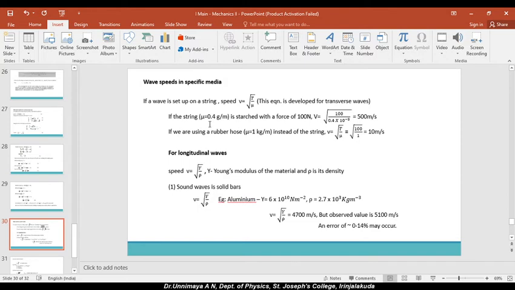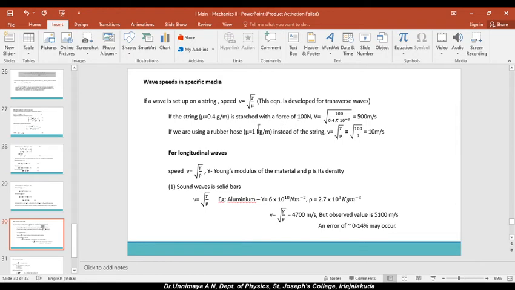Instead of this string, if we are using a rubber hose having mu equal to 1 kilogram per meter and tension T equal to 100 Newton, we get v is equal to 10 meter per second. So which means that if we replace a string with a rubber hose, this velocity is reduced to 10 meter per second.